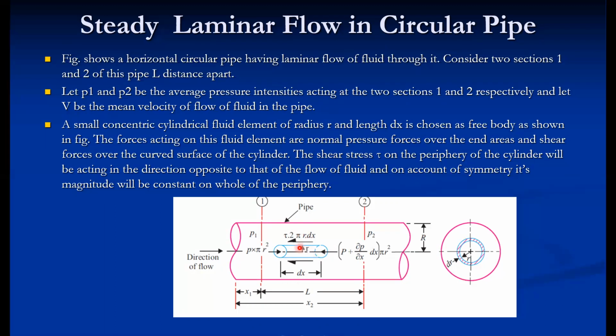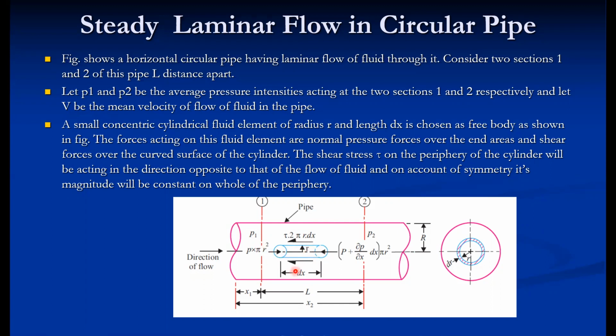So in order to calculate this velocity distribution, since the velocity is non-uniform, first let us consider a small concentric fluid element of radius r and length dx.